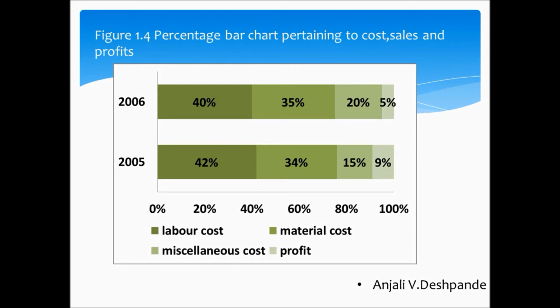So now we are talking about just 100%. On the horizontal axis we have the percentages, on the vertical axis we have the year, and at one glance you can make out the percentage of the labor cost in a particular year, or the material cost or miscellaneous cost, or the profit in the particular year. So this type of bar chart where we are dividing in terms of percentages is called a percentage bar chart.